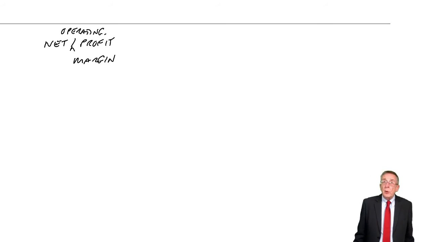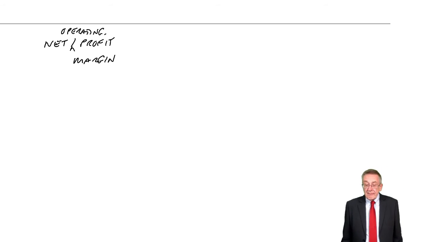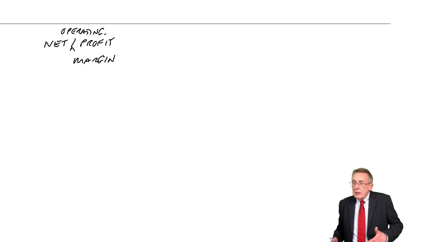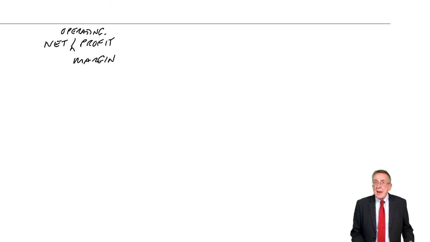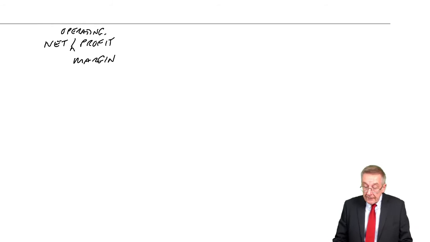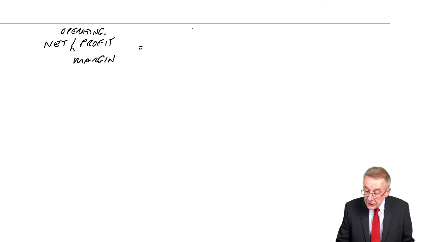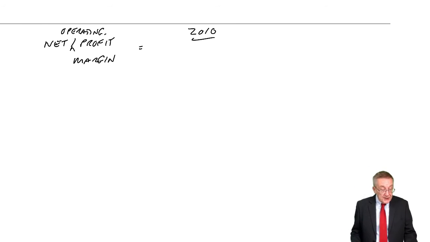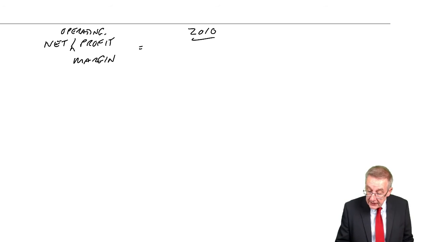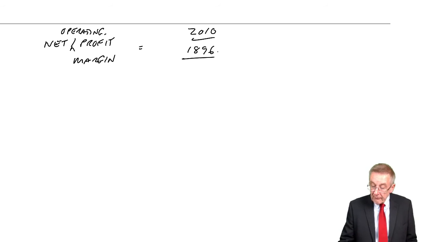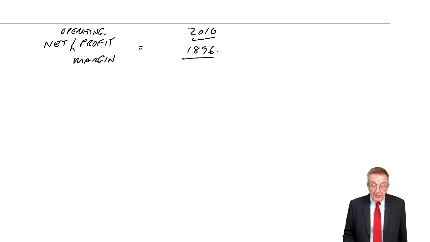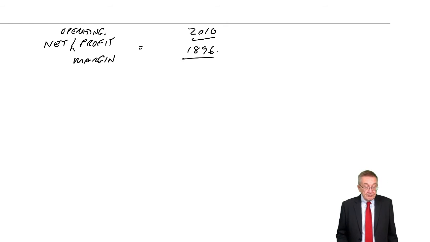For the same reasons as before, that tax and interest is not relevant really when you're looking at how well the managers are performing. Well, you've got your formula. The operating profit, the profit before interest and tax in 2010 is 1896. We calculate that as a percentage of the sales, the turnover, the revenue.